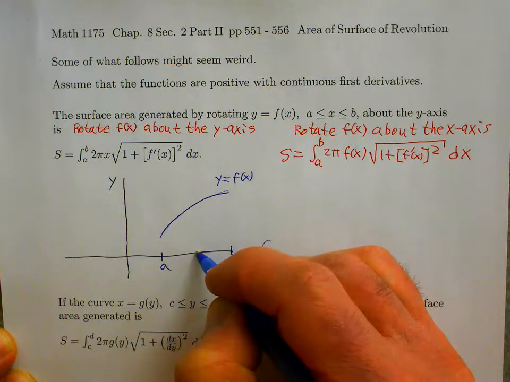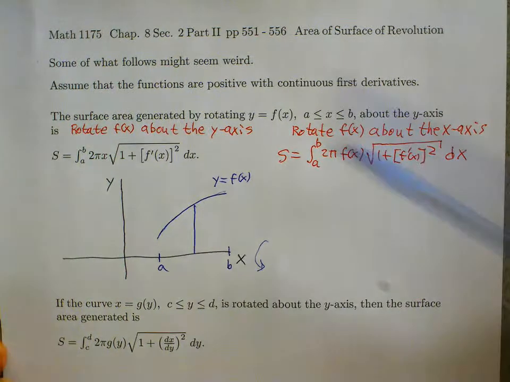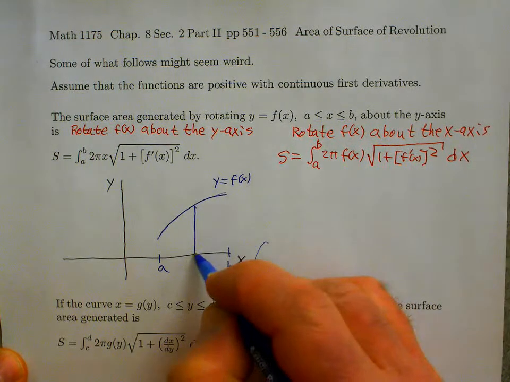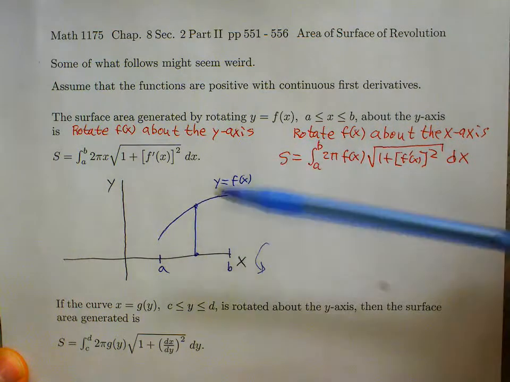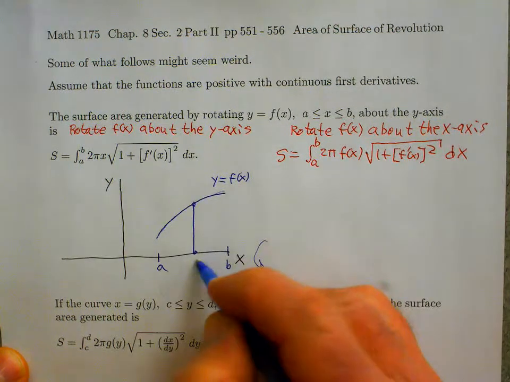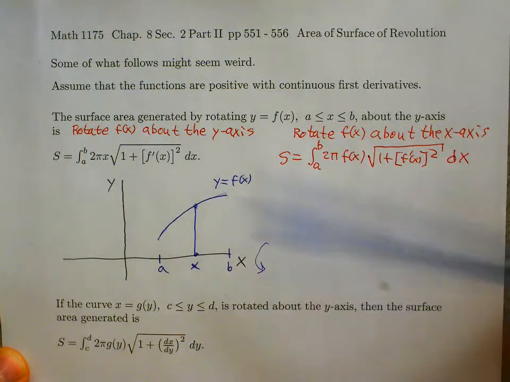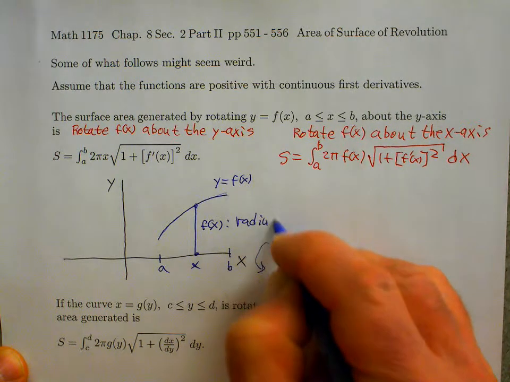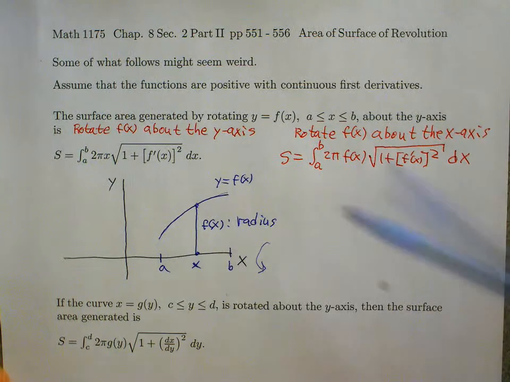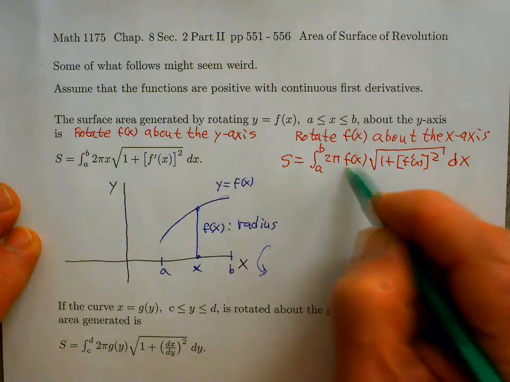then the radiuses, if you rotate that and take a cross-section, the radiuses are f of x values, right? The distance from the x-axis to this point on the curve, we could describe that as the radius of a cross-section of the revolution. So f of x is the radius in this case. So if we're rotating about the x-axis, that's what we want this to represent.